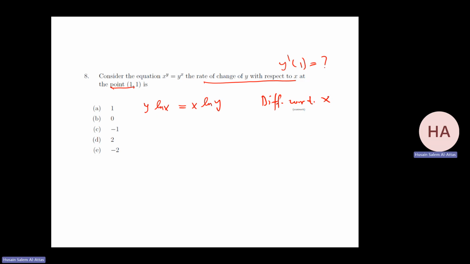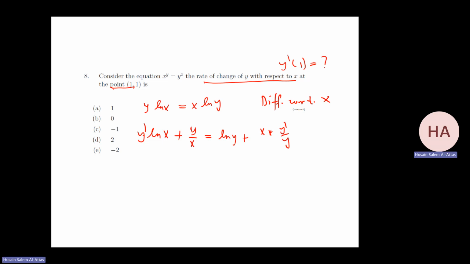You have y prime ln x plus y over x equals ln y plus x times y prime over y.